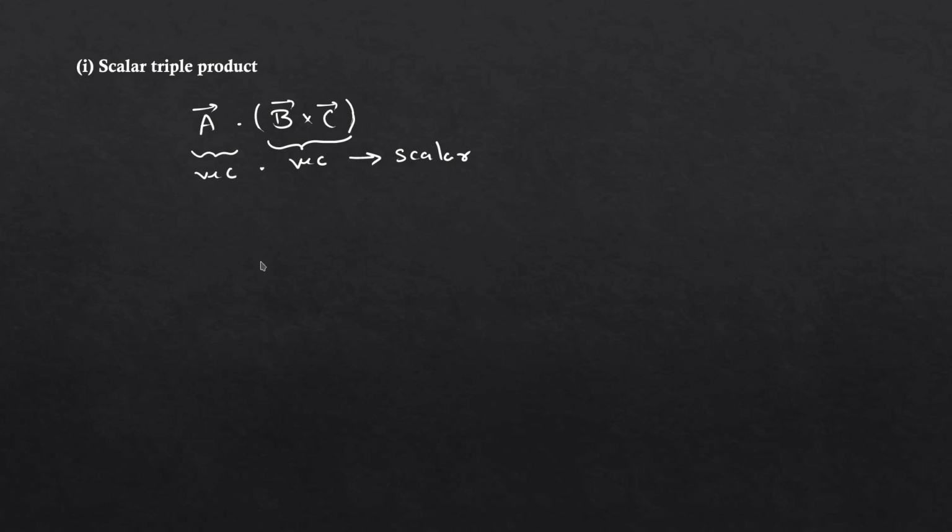So how to calculate that? We have already seen how, if we have B cross C, we can write it as x cap, y cap, z cap, and bx, by, bz, cx, cy, cz.